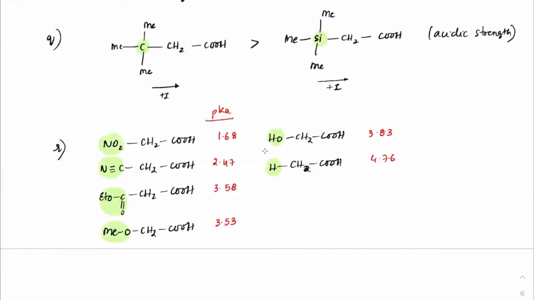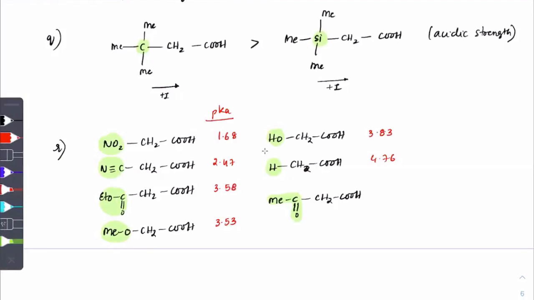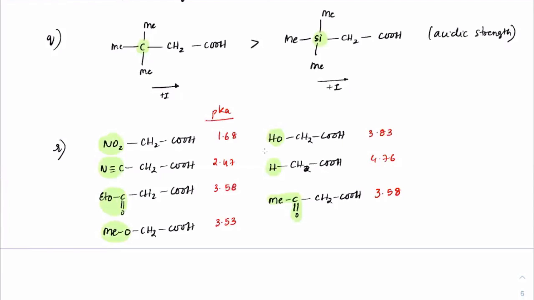And one more I forgot is the ketone form. Suppose you have Me C double bond O directly connected to CH2COOH. So if we compare that, this is around 3.35.